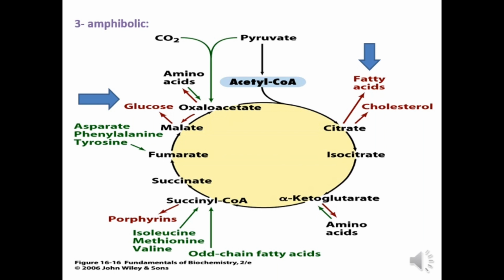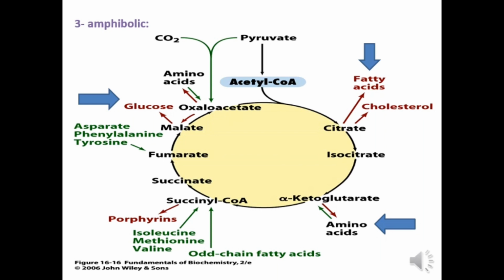Citrate from Krebs cycle goes outside to the cytosol and is cleaved by citrate lyase into acetyl-CoA and oxaloacetate. Acetyl-CoA is the building block for fatty acid synthesis and cholesterol synthesis. Also, it has a role in interconversion of amino acid, in transamination and deamination.